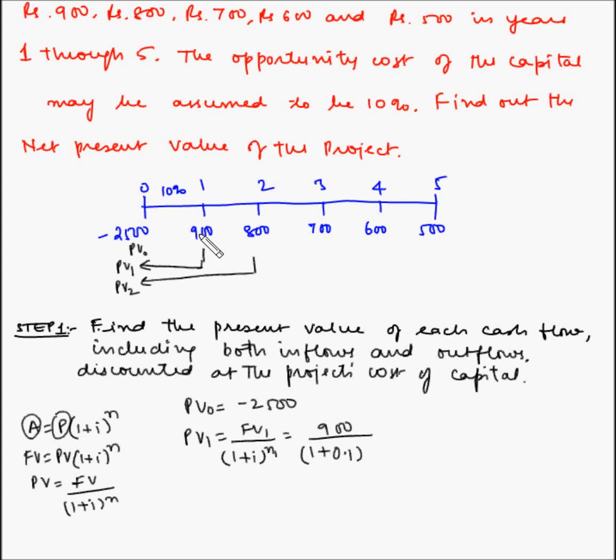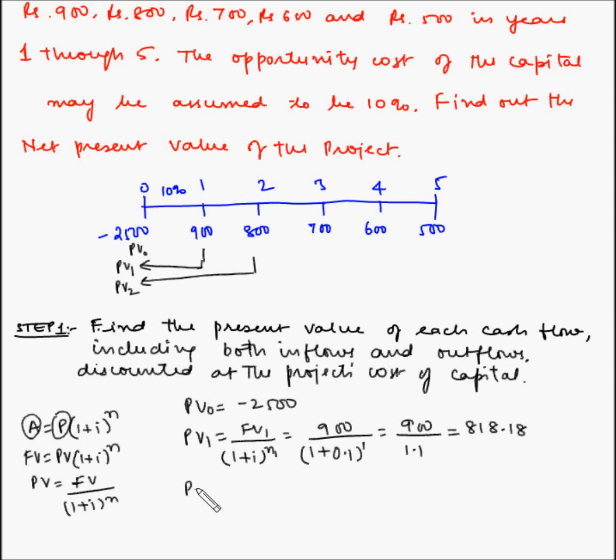Now this 900 rupees is at the end of the first year. So 1 is the total number of compounding periods. So this is 900 divided by 1.1, which is equal to 818.18.